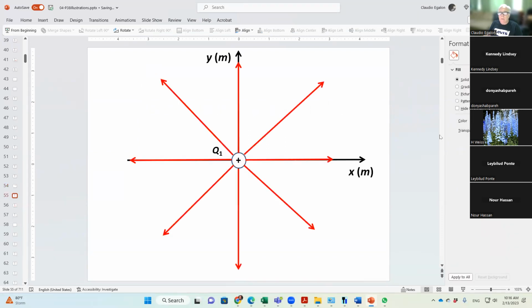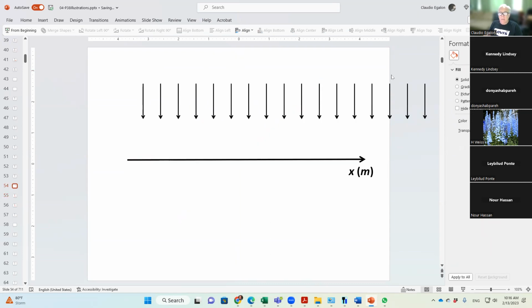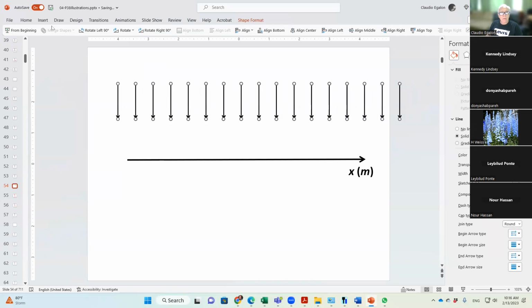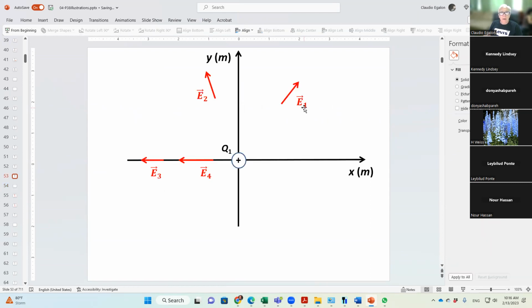Good. So, oops. I don't want to be here. Gonna move a little bit to the left, okay? And then we can go ahead and label those vectors g, arrow at the top.